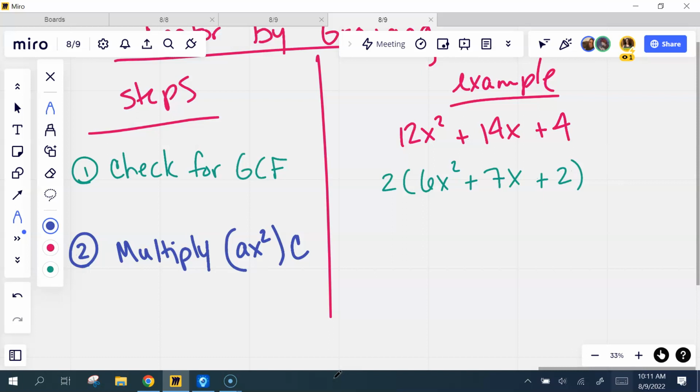What is ax squared times c? 12x squared. Here's the puzzle.